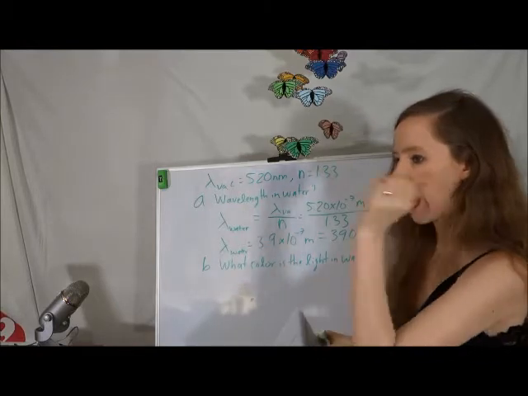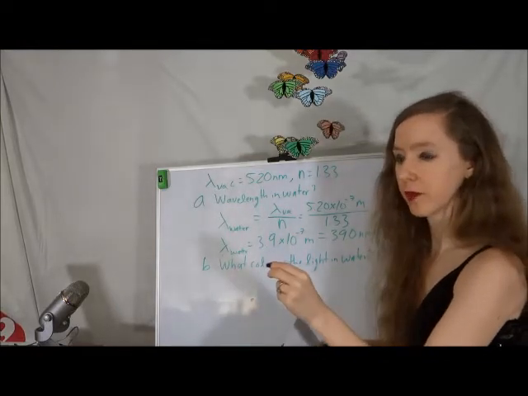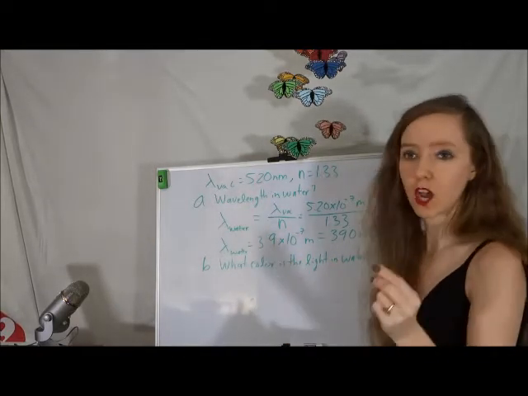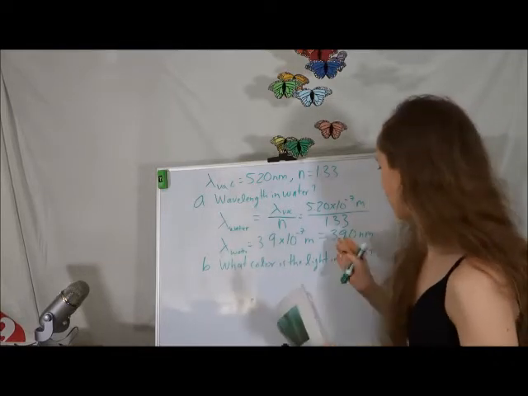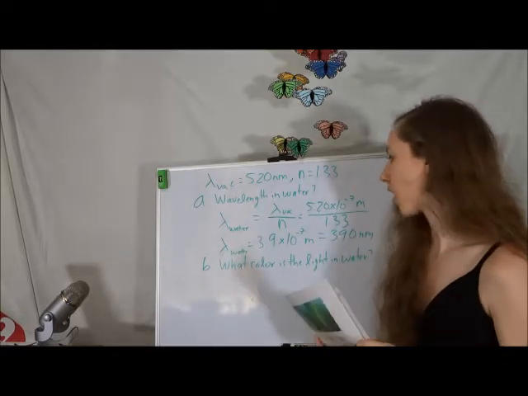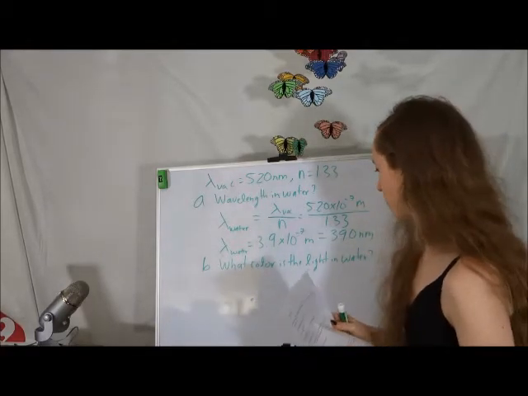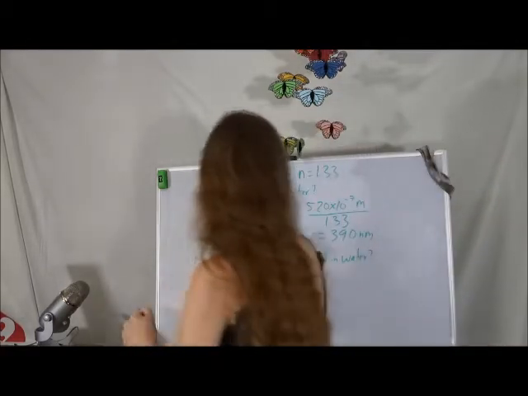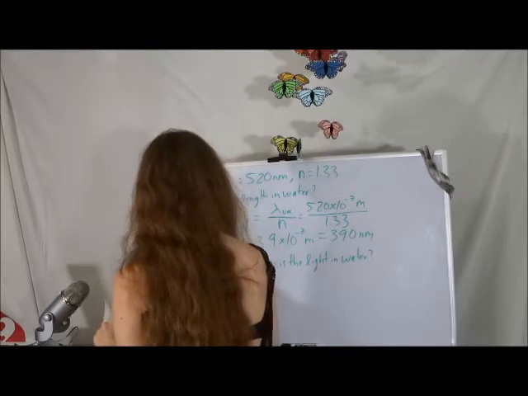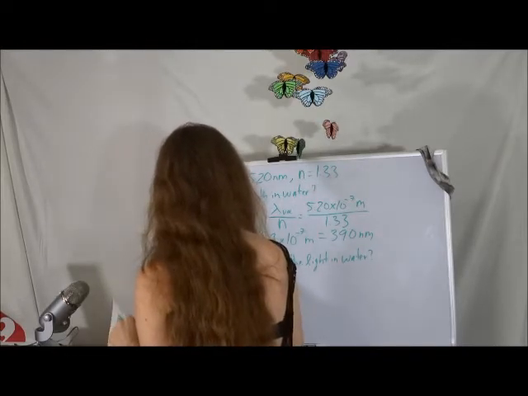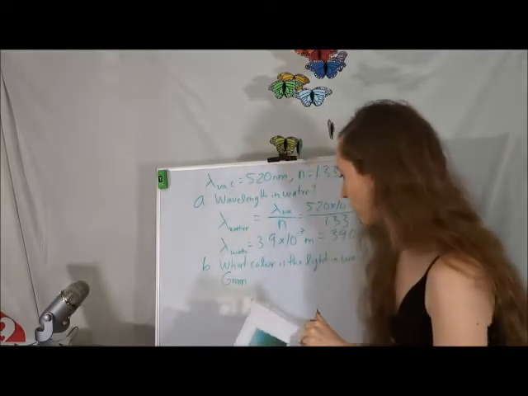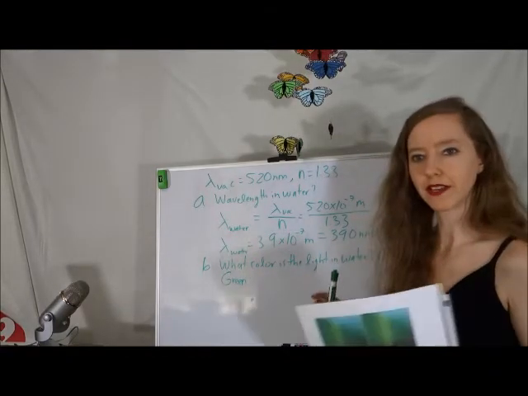So when you have light, it has a certain frequency. That frequency is what determines the color, not the wavelength. So even though our wavelength changed, our color will still be the same because the frequency is still the same. So our light is still green. So are there any questions on that?